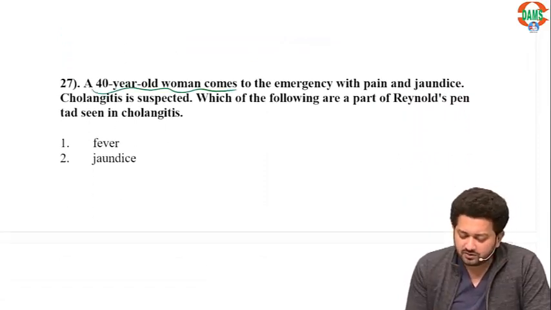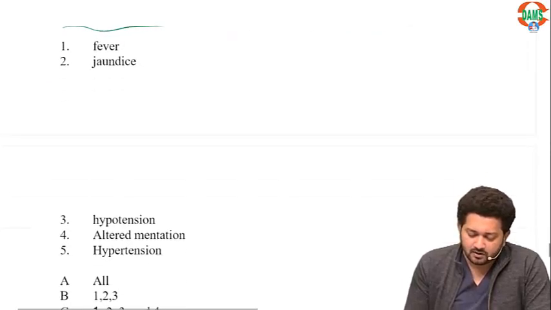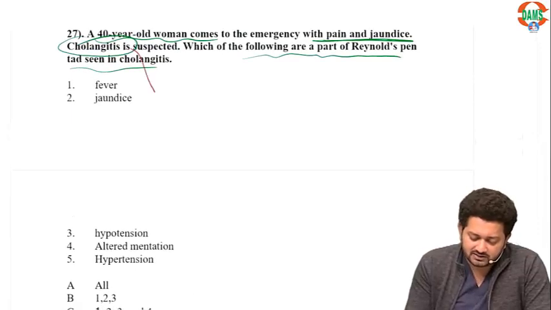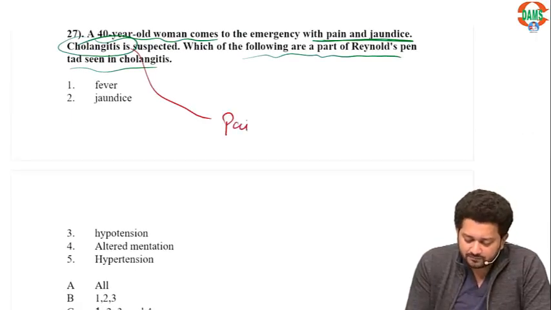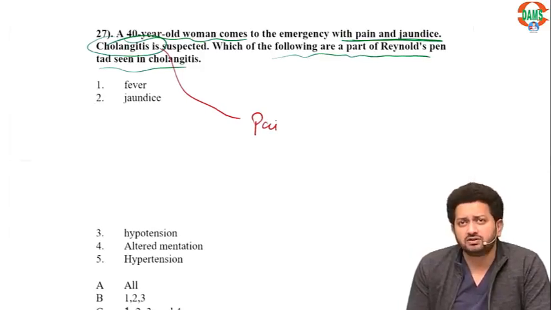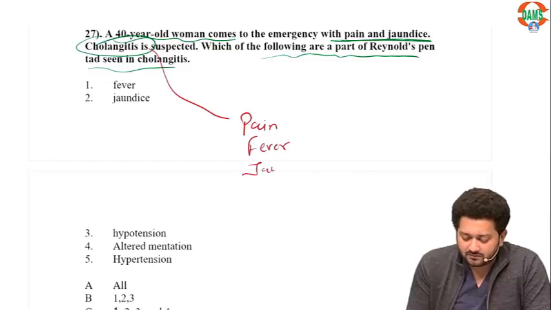Next question, 40-year-old female with pain and jaundice. You are suspecting cholangitis. Which of the following are part of Reynolds' pentad? See, initially when cholangitis occurs, the patient will have pain, fever and jaundice. This pain, fever and jaundice is Charcot's triad.